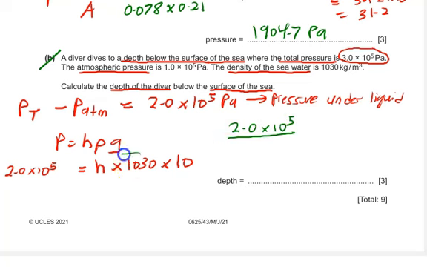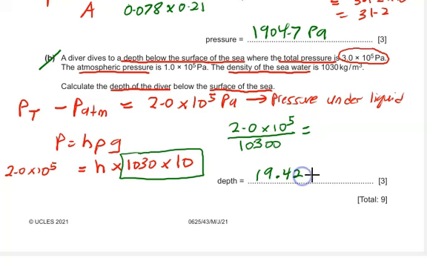Divided by this, in total you'll be getting about 10,300. So this calculation will give you about 19.4, 19.42 meter. This is your answer.